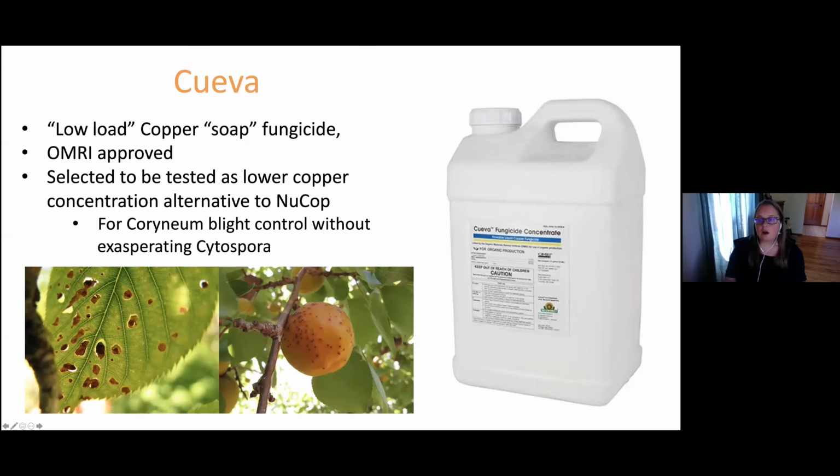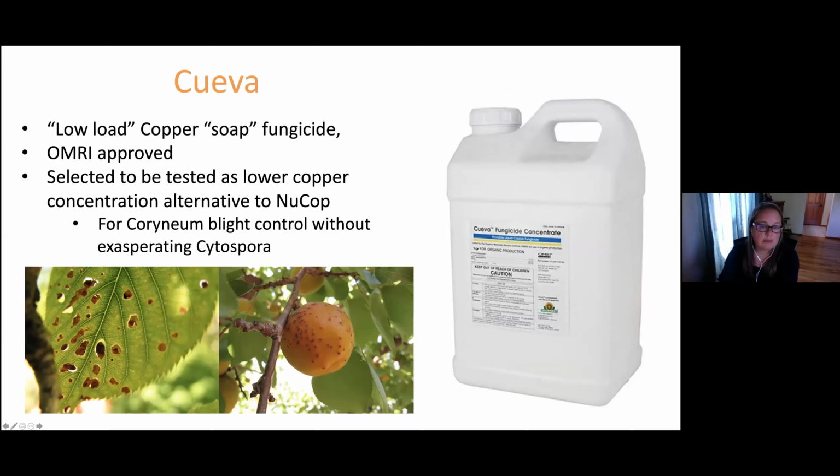One other option for growers is Kaligreen, which we've only tested a little bit. It's copper, but at a lower load. We need to test whether or not it is going to be phytotoxic, but it's OMRI approved, so it might be a great option. Growers typically use this to treat for Coryneum blight, which is one other issue that Colorado growers have.